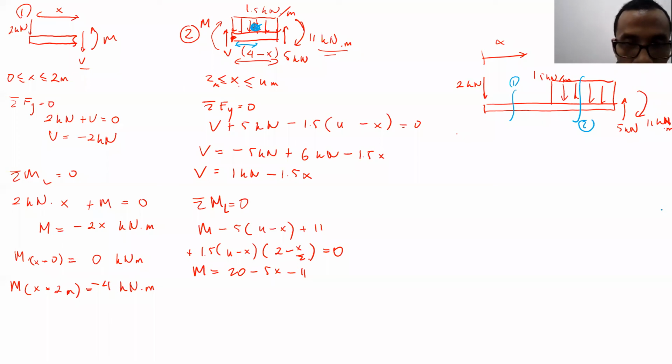Minus 6 plus 1.5x. This one we have to do together. So minus 1.5 multiplied by 4 minus x multiplied by 2 minus x per 2, like that. Okay, this one is supposed to be equal to 0.